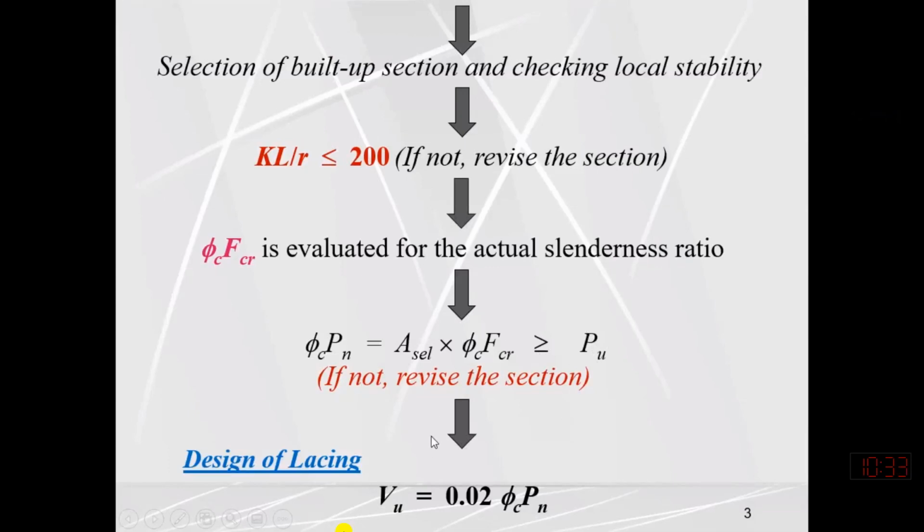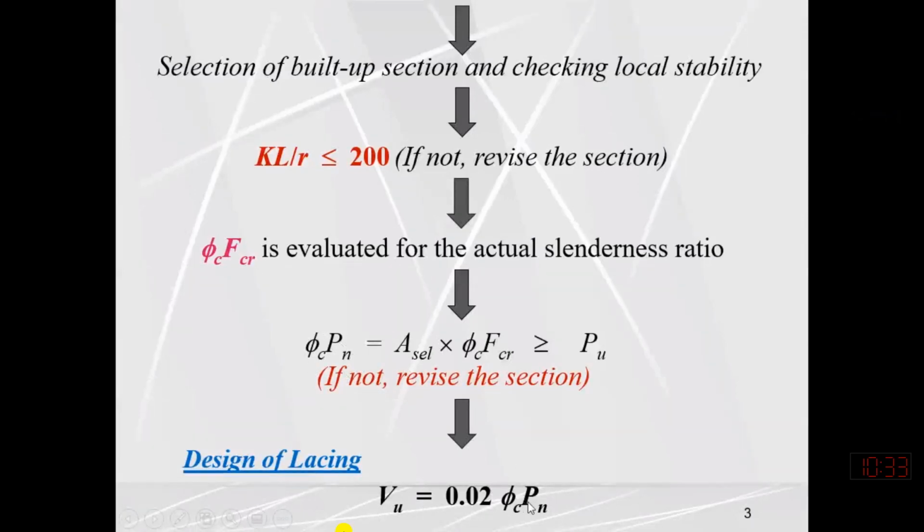Okay, in the next phase, when this section will buckle or fail at a capacity phi Pn, it means that it will always buckle due to a certain moment. So at the buckling point, the total shear that may transfer from one section to the other in the transversal direction, AISC says we can consider as 2% of the capacity of the compression member.